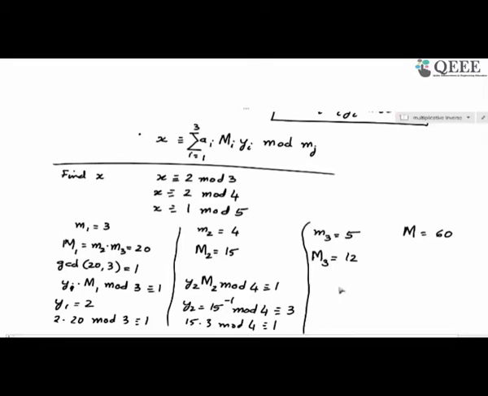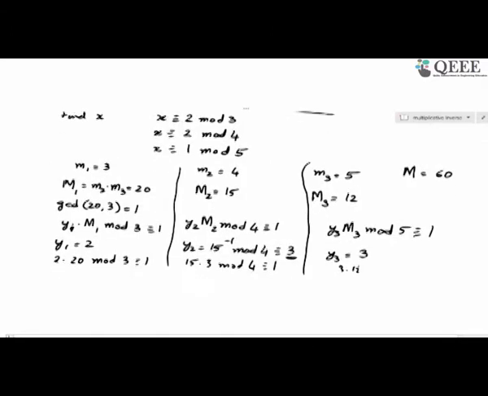Now in a similar way, we can find y3 M3 mod 5 to be congruent to 1, and we will get this y3 to be equal to 3 again. You see that 3 into 12 is 36, and 36 mod 5 is congruent to 1.